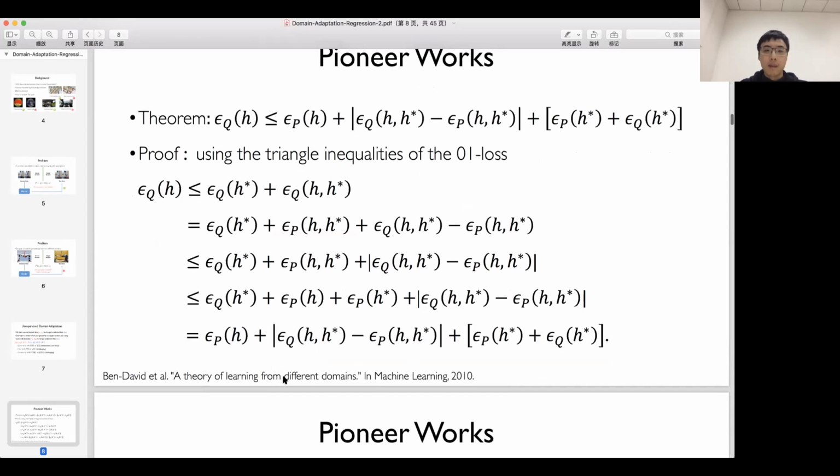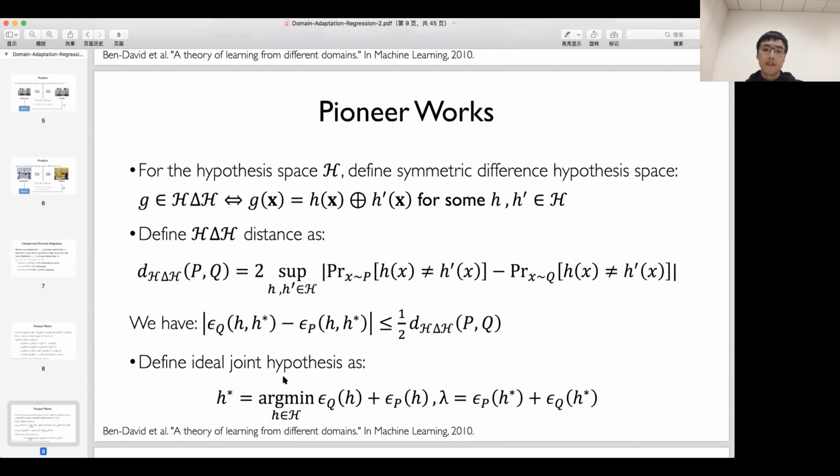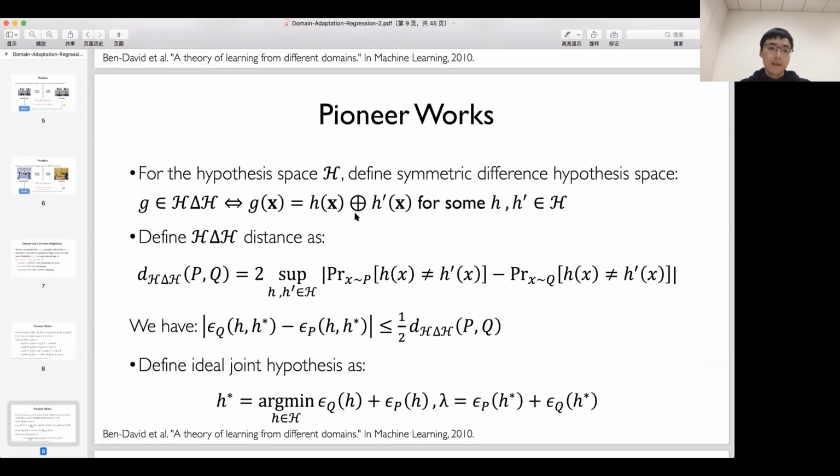In the work of Ben-David, he first defined a symmetric difference hypothesis space. It means that for the hypothesis space H, we can find two different hypotheses h and h prime. The result of this, for input x, indicates whether the predictions of these two hypotheses are the same or not. With this definition, we can define the H delta H distance. It is a distance from this symmetric difference hypothesis space.